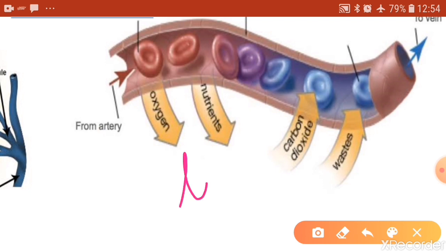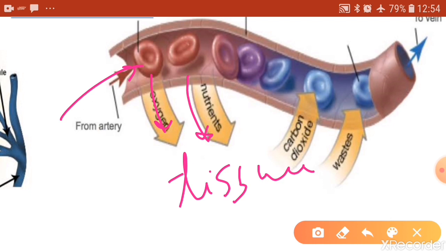So in the tissue region, where cells are present, as the blood passes through the capillary, oxygen, the nutrients and other requirements will diffuse out into the tissue region, and from the tissue region carbon dioxide and waste material will diffuse into the capillary. So all these exchanges will occur only through the capillaries. It is neither through the arteries nor through the veins. It's only through the wall of the capillary.